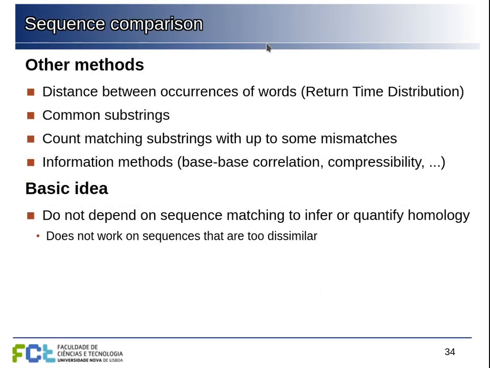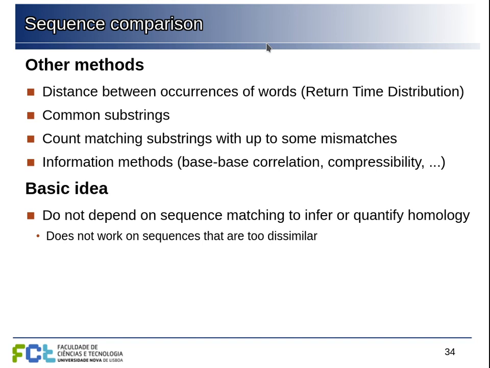Other methods include measuring distances between words that occur in both sequences, or how many common substrings we have, matching substrings, and so on. So the basic idea here is that we are looking at statistics of the sequences in a way that allows us to quantify how alike they are without having to actually match everything in order, or align the sequences.